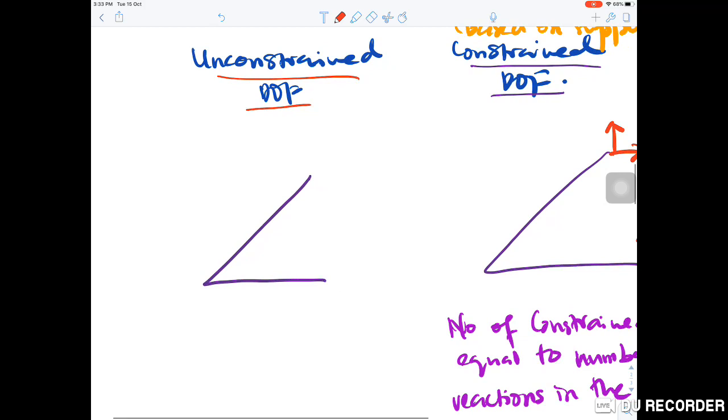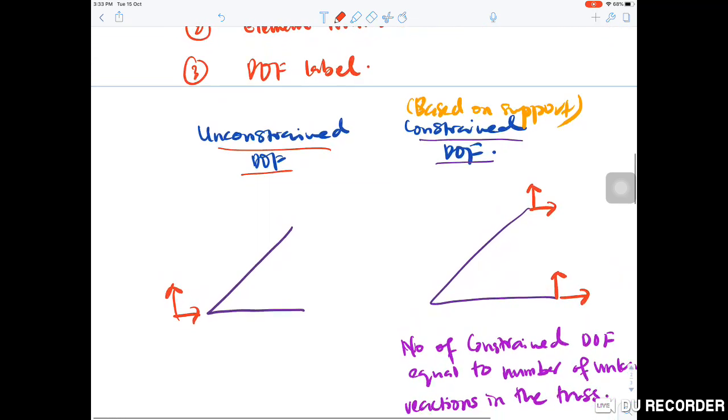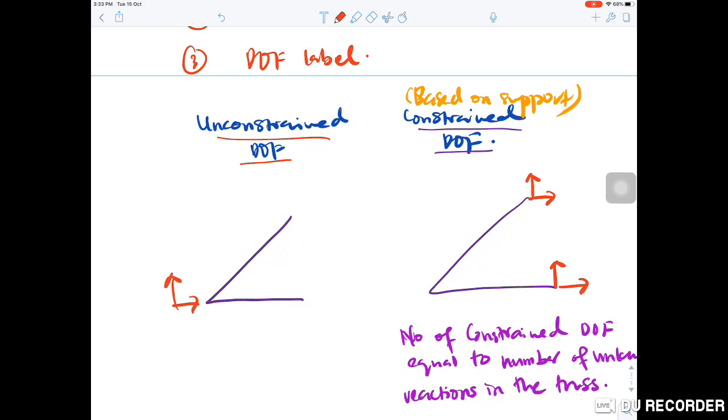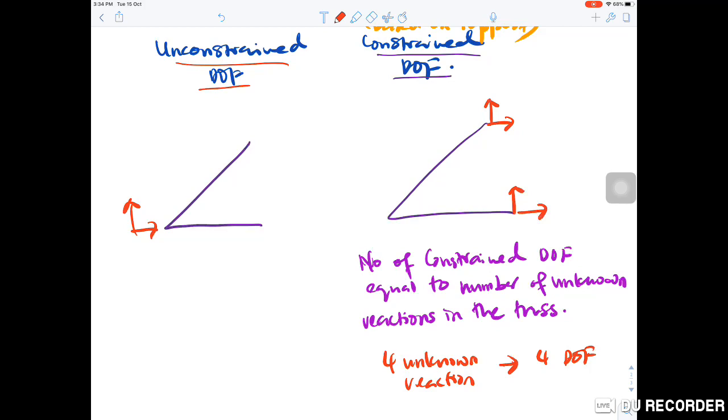At node number 2 we put another 2. Why do we need to do this? If we want to remember the degrees of freedom, number 1, we have to draw the unconstrained system first, then the constraint system. Number 2, we have to label the constraint first, because the number of constraint degrees of freedom is equal to the number of unknown reactions in the truss, and I believe everybody here has the ability to identify the number of unknown reactions in the truss.